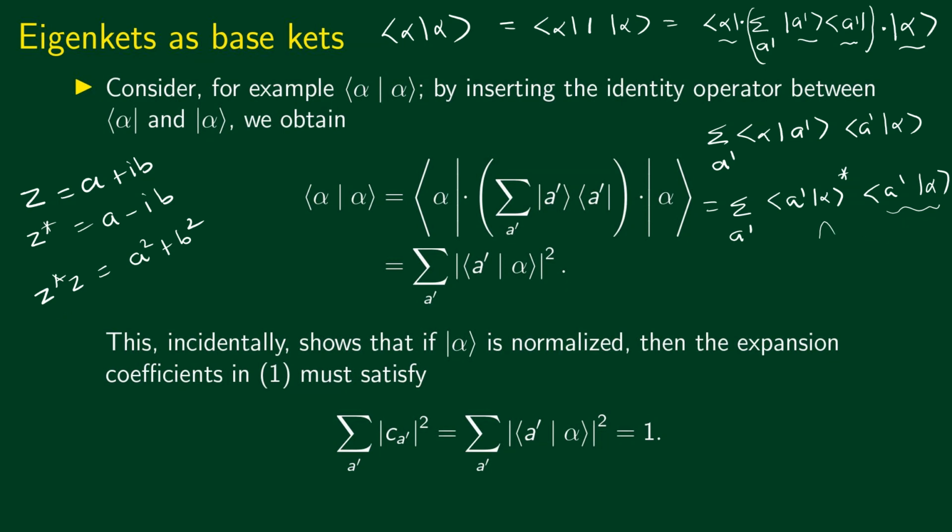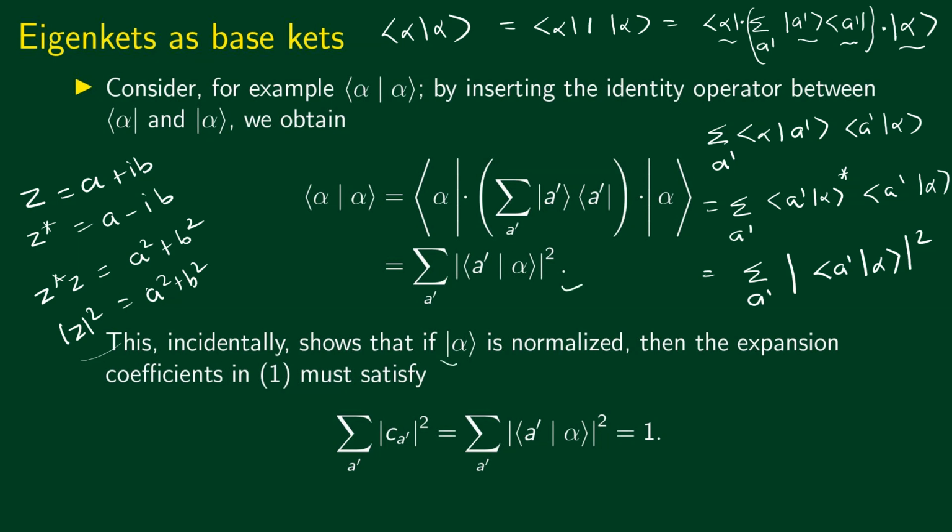This is also denoted as modulus of z square, which is a square plus b square. So using this notation, I can write this as the sum over a prime of modulus of bra a prime ket alpha square. That's what we have written here.